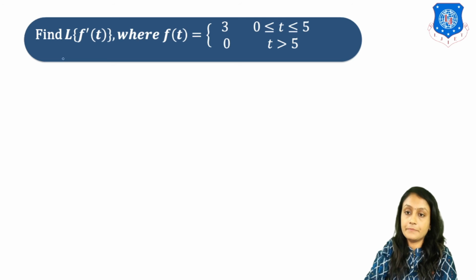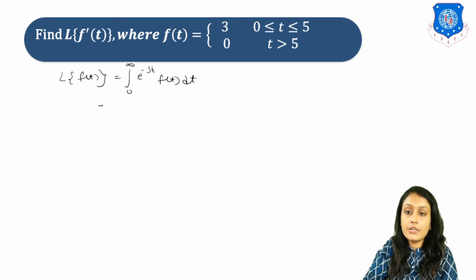Next, let's find Laplace transform of f dash t, where f(t) is equal to 3 for t between 0 and 5, and 0 for t greater than 5. Now whenever the question is given in this format, we will use the main formula of Laplace transform of f(t), that is integration 0 to infinity e raised to minus st f(t) dt.